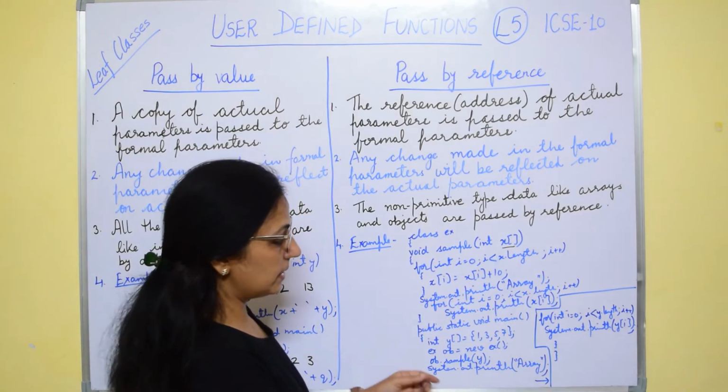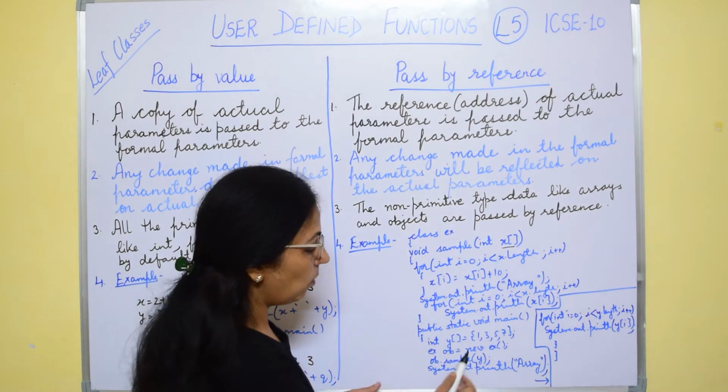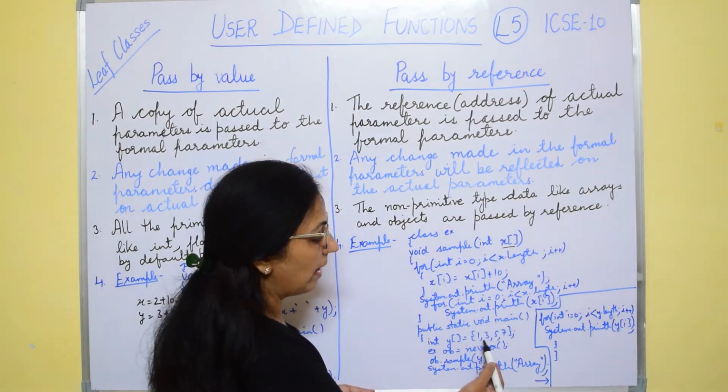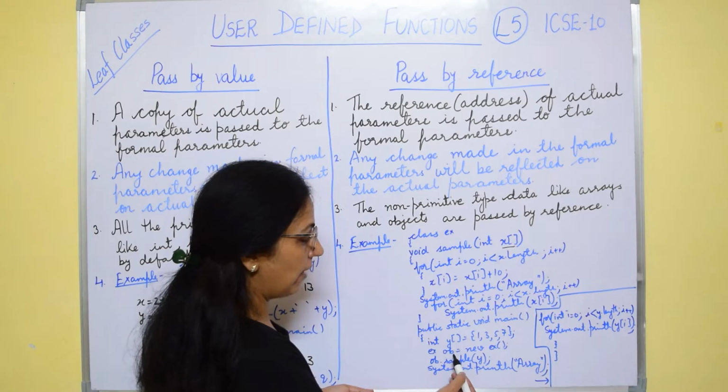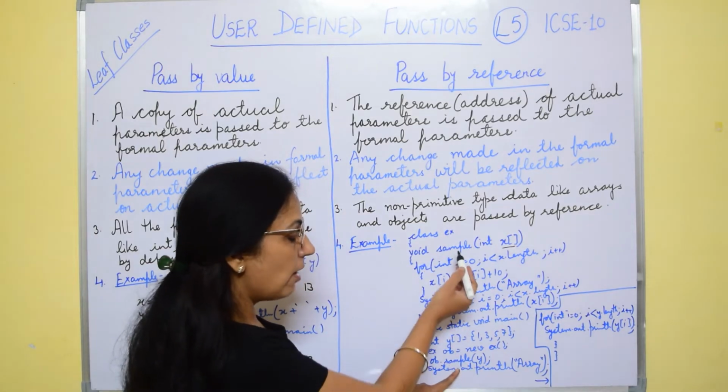Now first let us see the main. Here I have taken one array y, and in this we have stored the values 1, 3, 5, 7. We have created the object of this class and called the function.